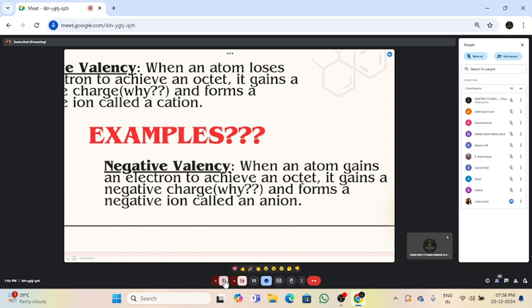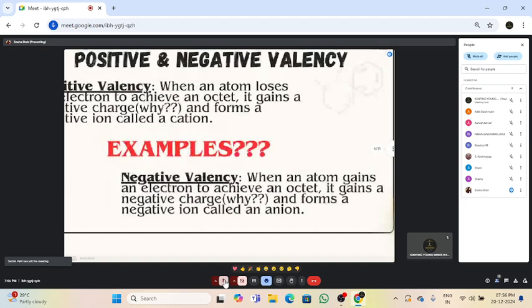This is what we call a negative ion. Now negative and positive ions have been formed. When they come in close contact, they attract each other by positive and negative charges and form a bond. Here I have written examples, but I have explained them through NaCl.